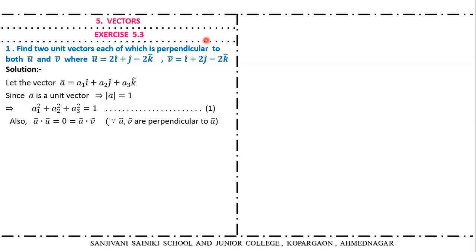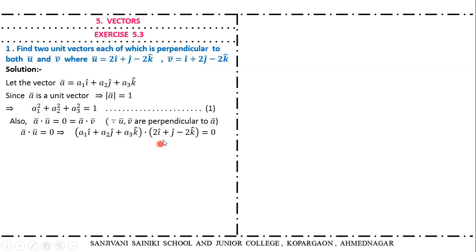the required vector a bar is perpendicular to u bar and perpendicular to v bar, so their dot product is 0. So a bar dot u bar is 0 and a bar dot v bar is 0. Now a bar dot u bar is equal to 0 implies their dot product must be equal to 0. So this is the dot product of the two vectors.